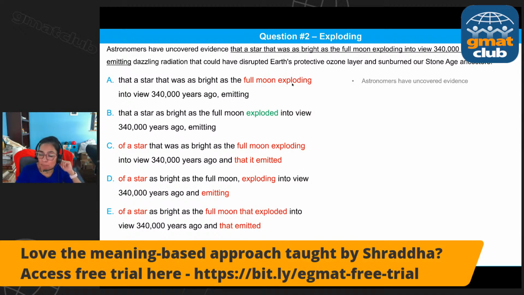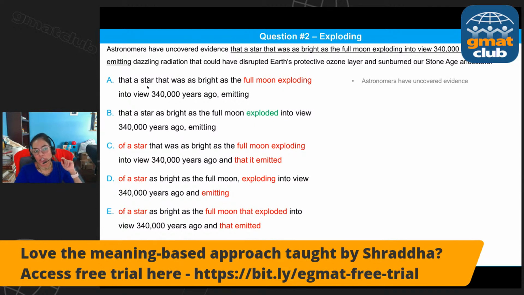But because exploding is not in the correct form, this comma plus verb ing modifier cannot really modify that action.